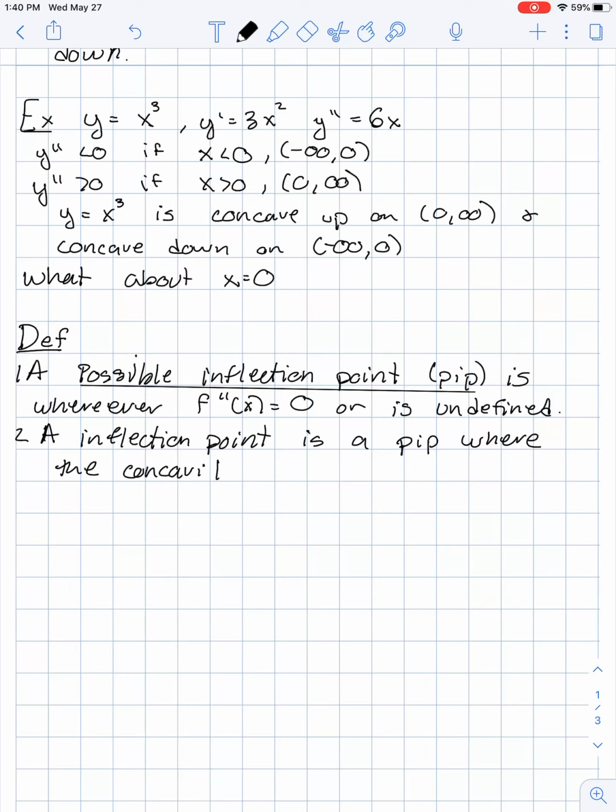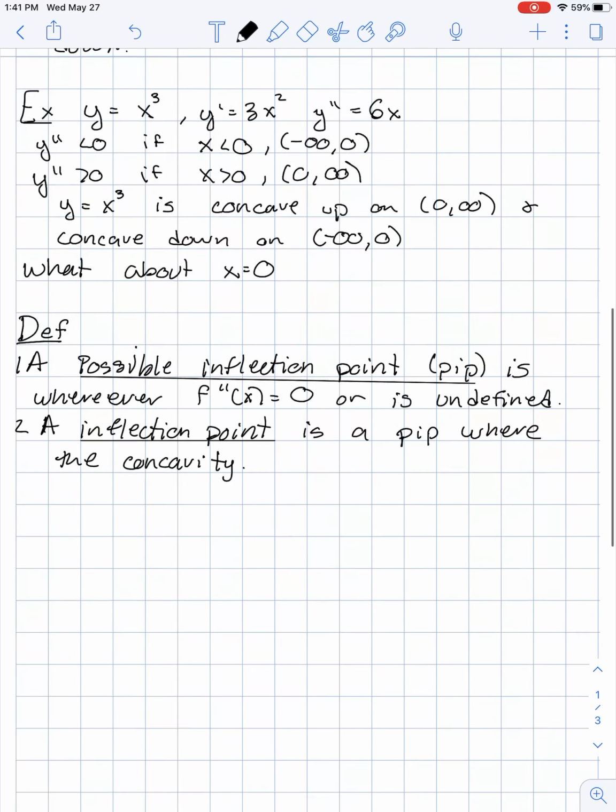Like we saw in the first derivative test for extrema, a max and a min, the direction of the graph has to change from increasing to decreasing or decreasing to increasing. An inflection point here has to change from concave up to concave down or concave down to concave up. All right?